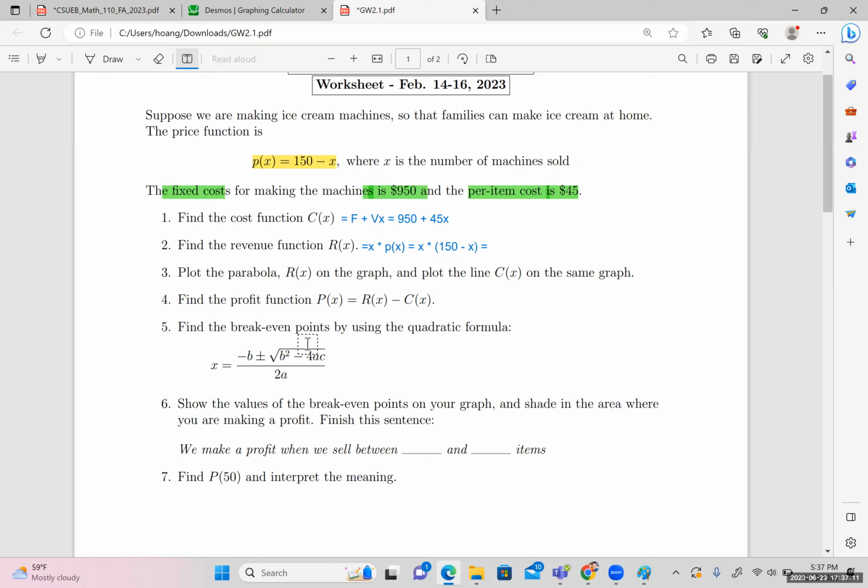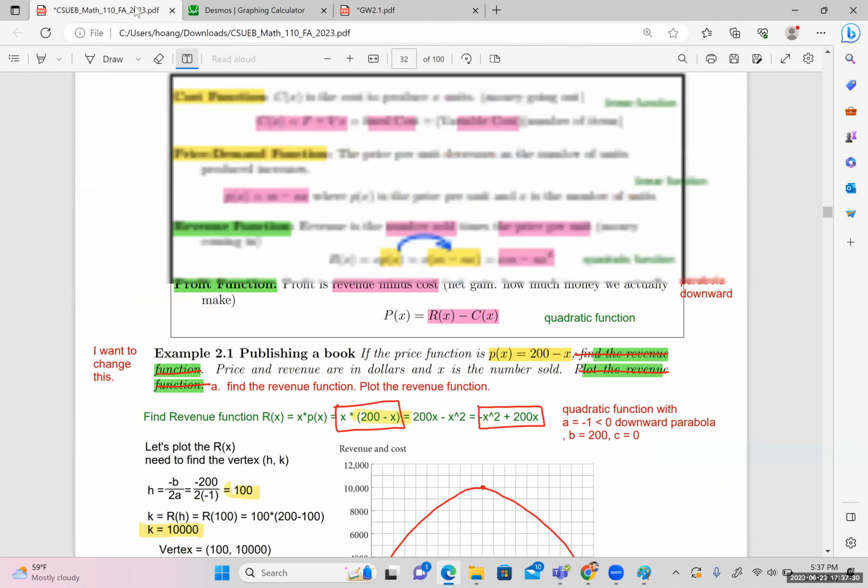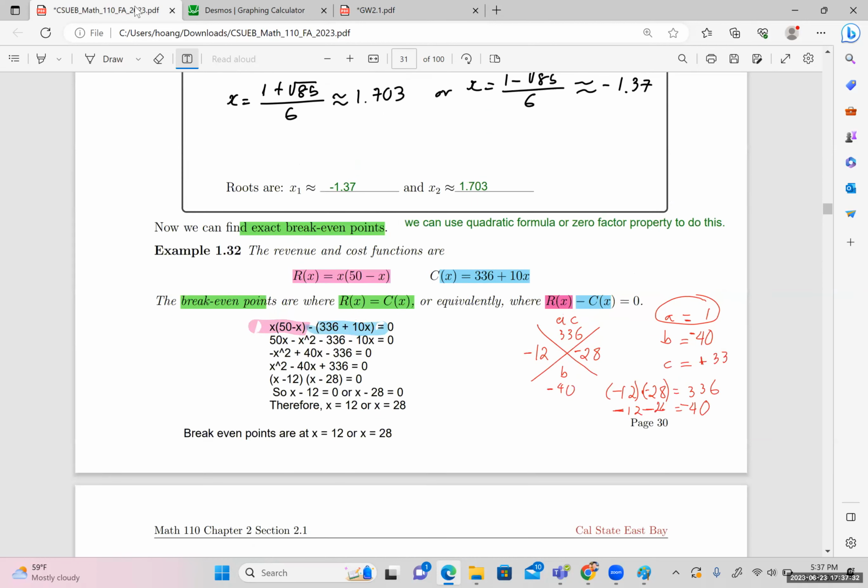Break-even points will indicate that revenue equals the cost. So you may have to look back to the previous session here, 1.8, right?